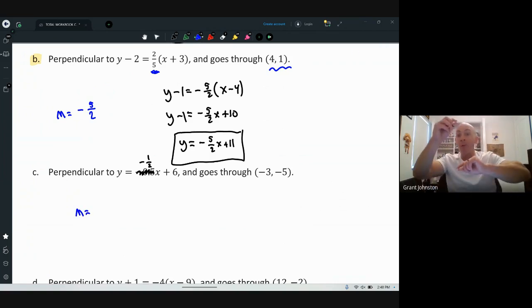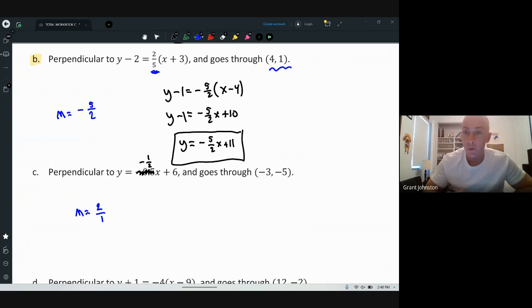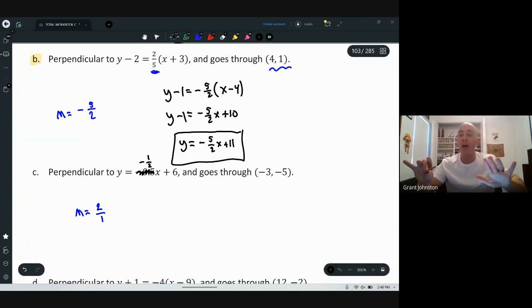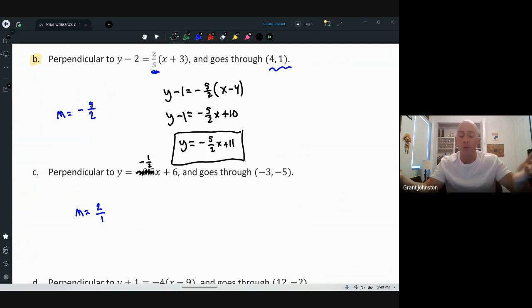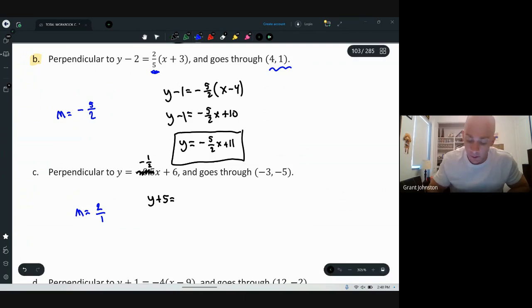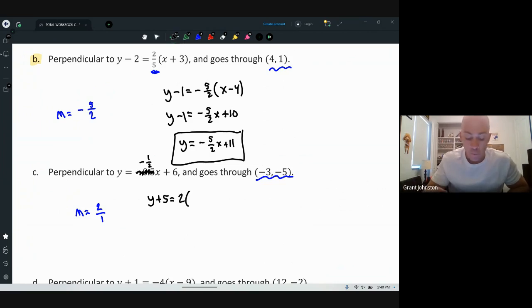So since it's negative, it's going to become positive this time around, and it's going to be 2 over 1, which is really just 2, right? So as I write this equation in point slope form, I'm not going to write 2 over 1. I'm just going to write 2. So I'm going to have y plus 5. Remember, I'm using this point. This goes through this point. 2, my slope, x plus 3.